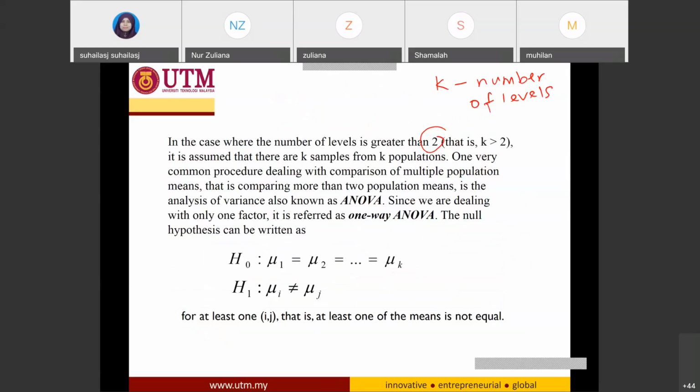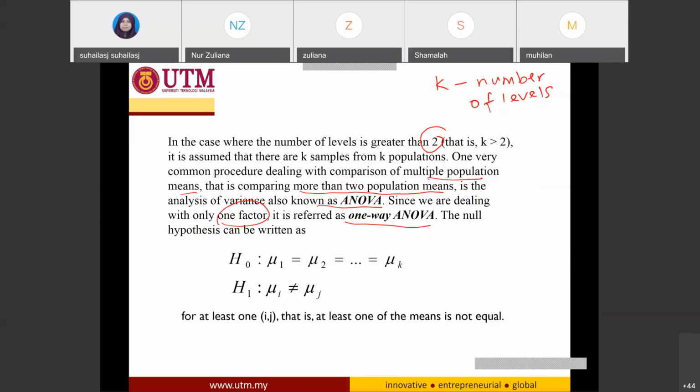We assume that there are K samples from K populations. One very common procedure dealing with the comparison of multiple population means, that is comparing more than 2 population means, is ANOVA, analysis of variance. Since we are dealing with only one factor, this is called one-way ANOVA.